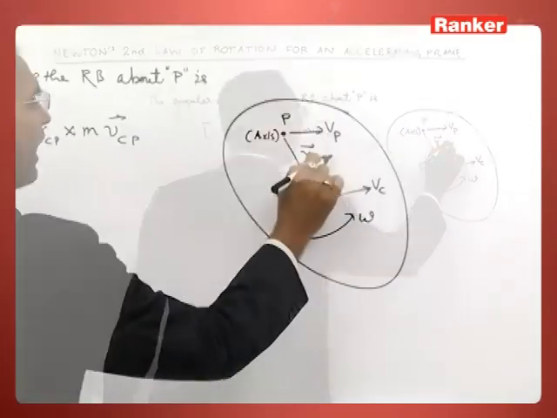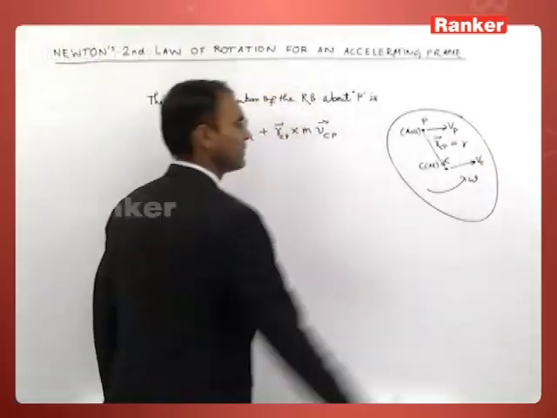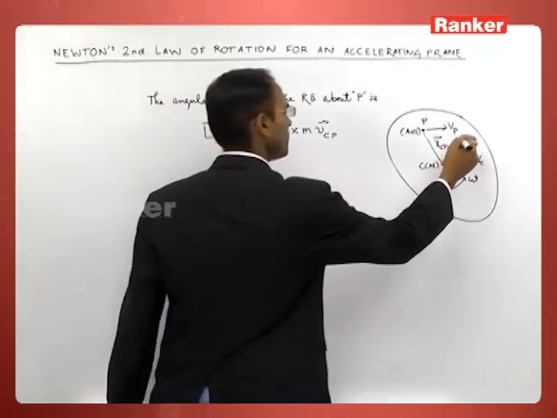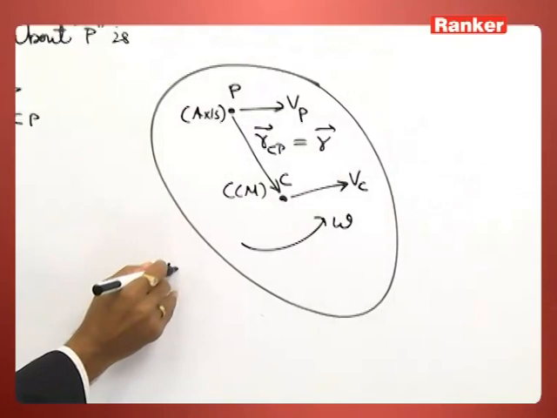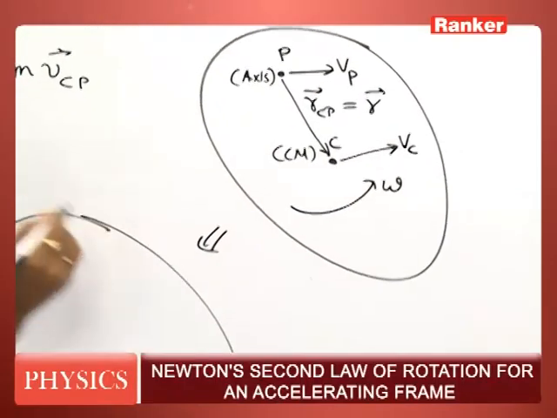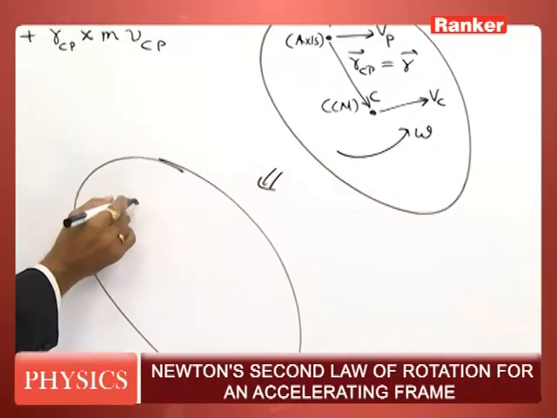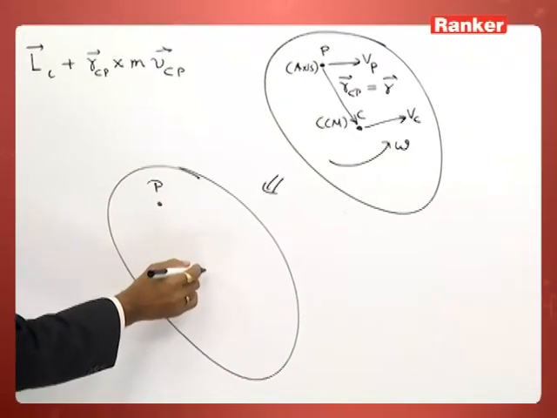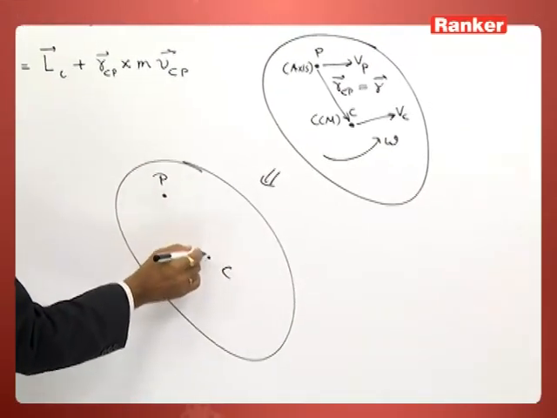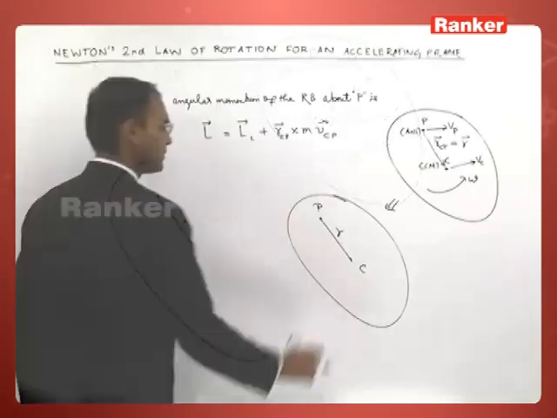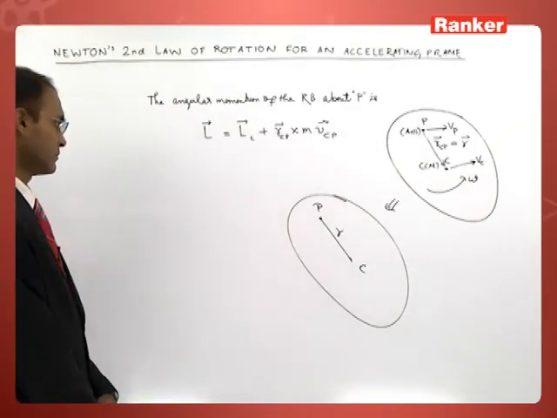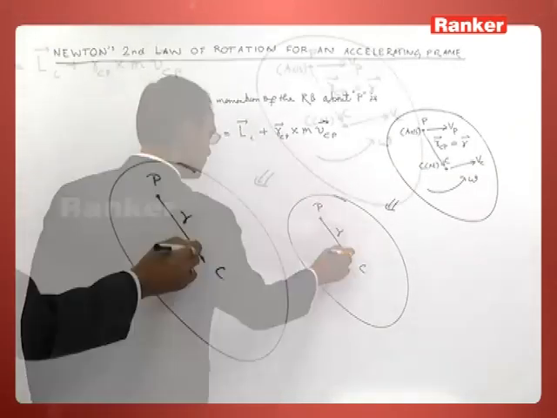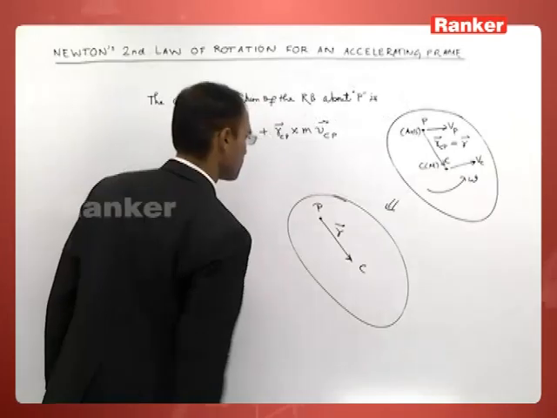Let RCP be R. This is the point P, the center of mass, this is R, R vector.